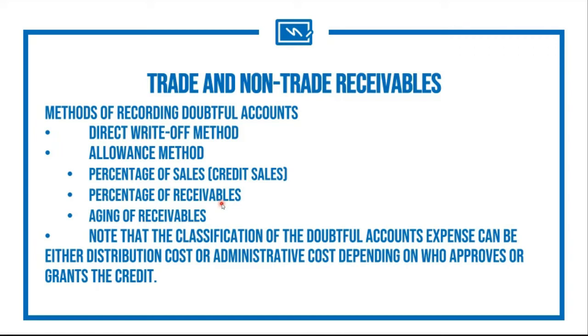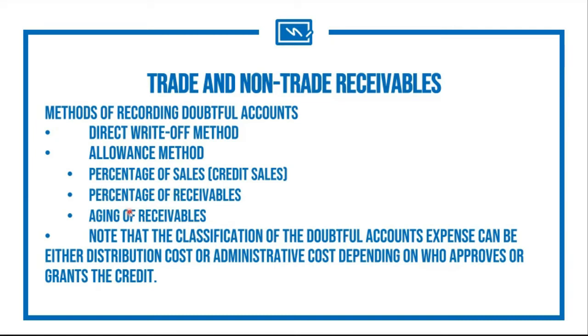So, under the allowance method, we are allowed to use either the percentage of sales, percentage of receivables, and aging of receivables. Okay, when we talk about percentage of sales, of course, we're only talking about percentage of credit sales. Kasi bakit ka mag-recognize ng doubtful accounts kung cash naman yung sales, di ba? When you talk about percentage of receivables, simple lang yan. Kunin mo yung total balance ng receivable, multiply mo ng certain percentage.